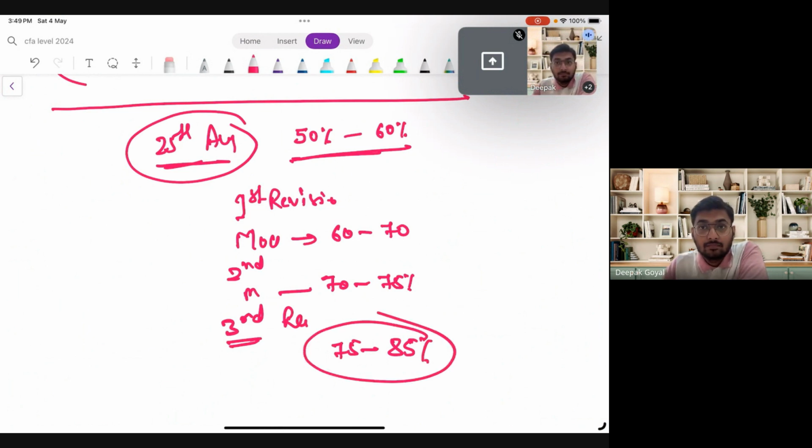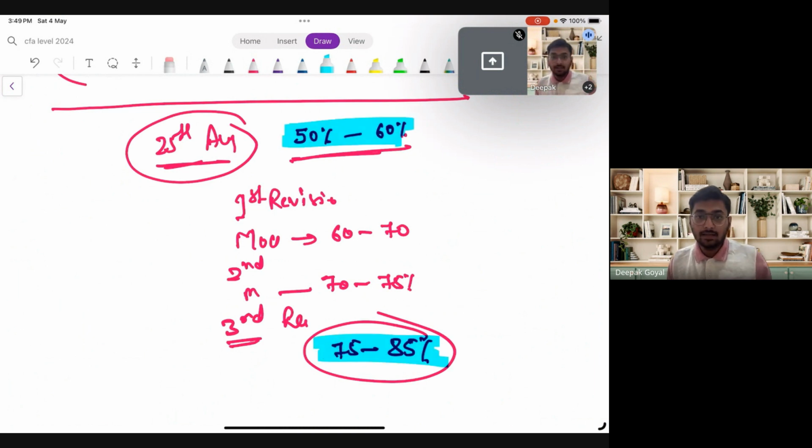Clear? The more you keep on revising and practicing, your results will start increasing. If you think, sir, why have I not achieved 75 to 80 in the first test itself, then how will you do the improvement after revision? We need to leave some space for improvement.